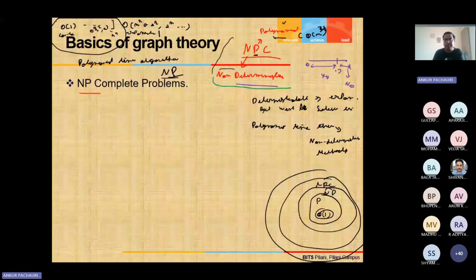And then we have P space. P space means nobody knows the exact solution: either the solution is not known to you, or it is known to be exponential. So unknown solution problems are called P space.